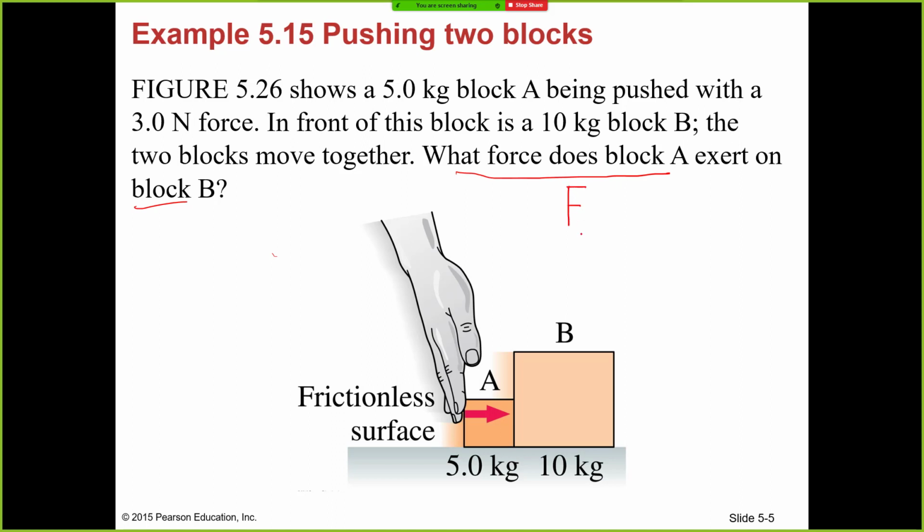To denote that, you write the object that is exerting the force as the first letter, force of A, then write on, and then the object on which you are applying the force goes in the second part. So force of A on B, this is what we want to find. Like I said before, we need to start with a free body diagram for individual blocks. So let me do this on a different page.